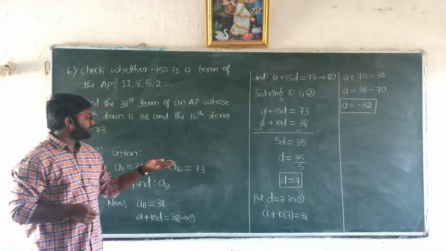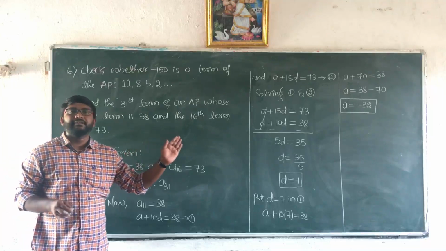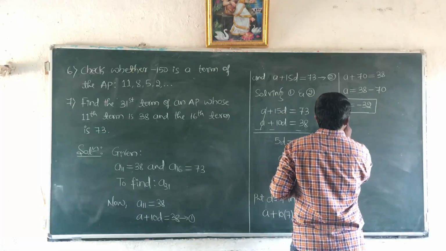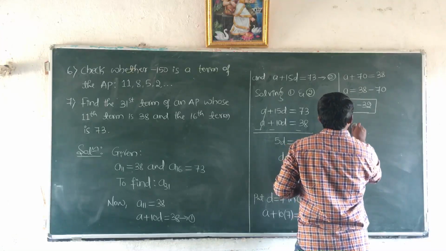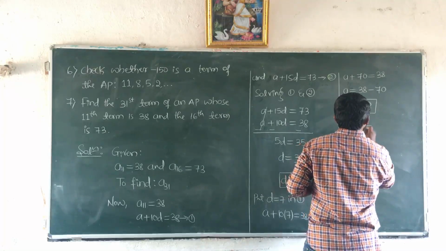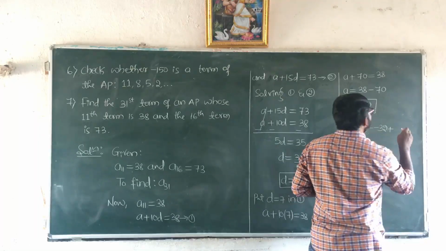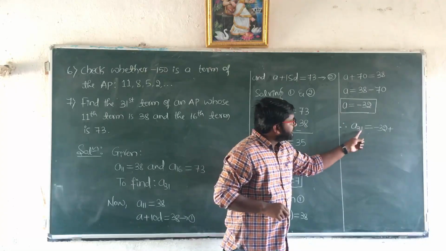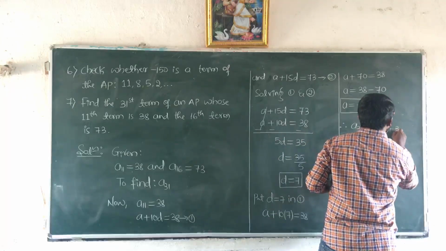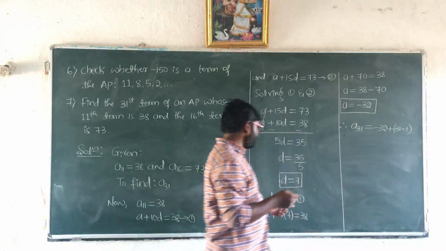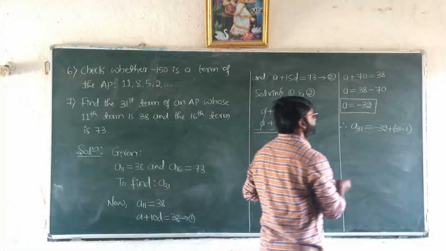Now we have to find the 31st term of this particular AP, that is A31. Therefore A31 is equal to A plus n minus 1 into D, where A is minus 32. N is 31 here, so 31 minus 1. What is D here? D is 7.